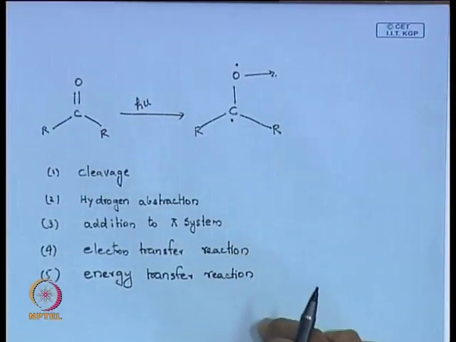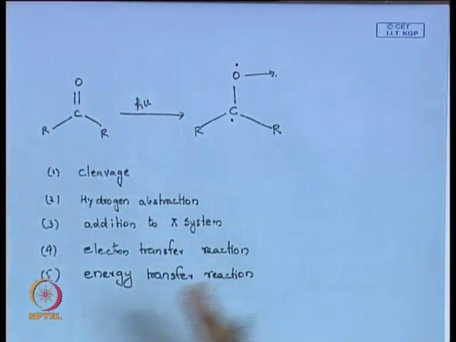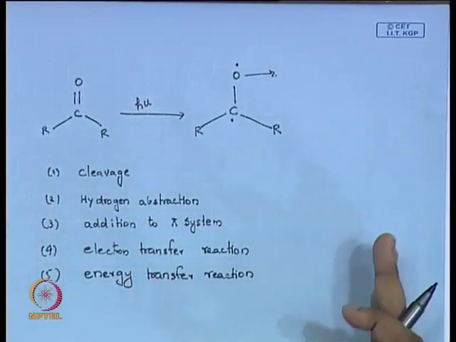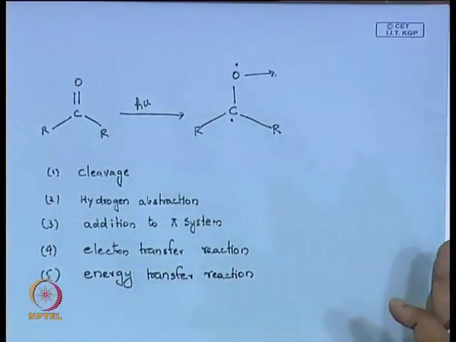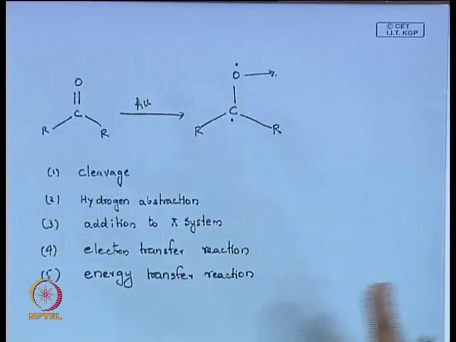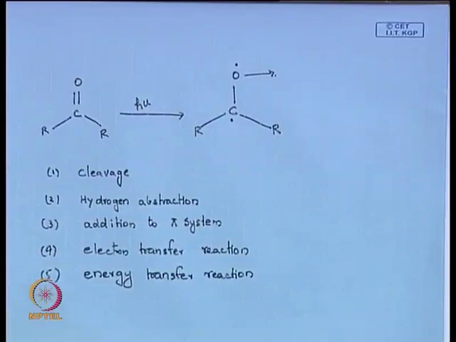These are the 5 chemistries we said initially. When we take a carbonyl and excite it, it comes to your n pi star reactivity, and we say that O dot will be the reactive species, and there are 5 chemistries we can observe in n pi star reactivity. One is cleavage, hydrogen abstraction, addition to pi system, electron transfer reaction, and energy transfer reactions.